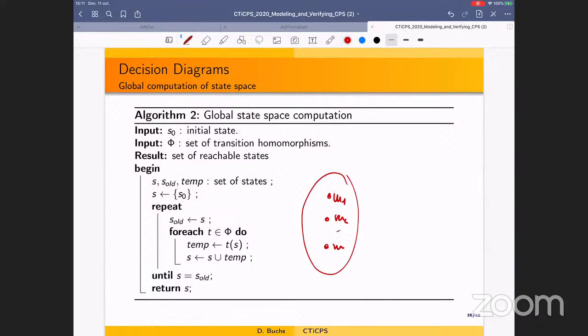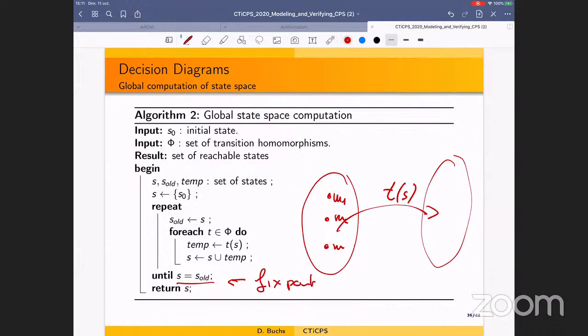And with these several markings, we are applying a homomorphism, which is producing a new set of states. And the idea would be to check the fixed point. So this is the fixed point. When we reach the fixed point, it means that we have no new state to examine.